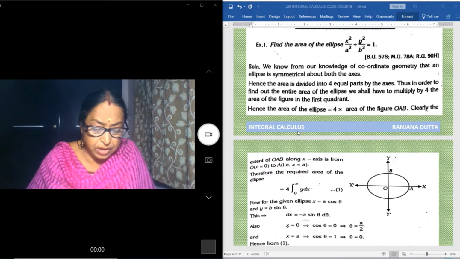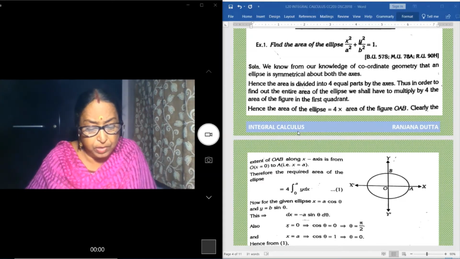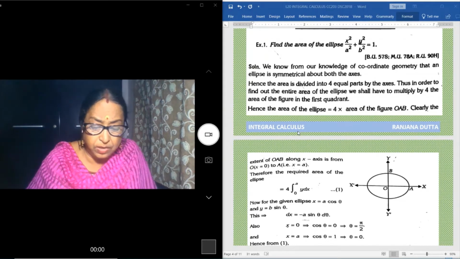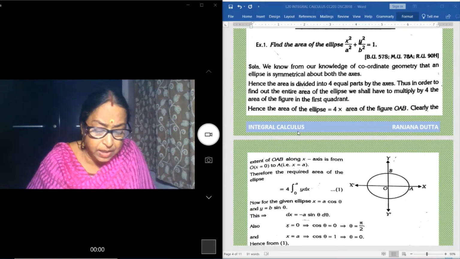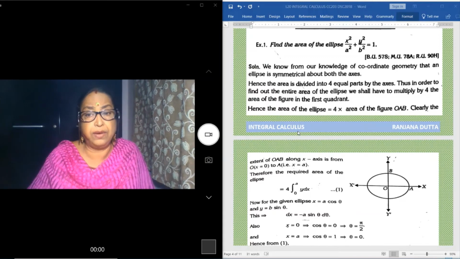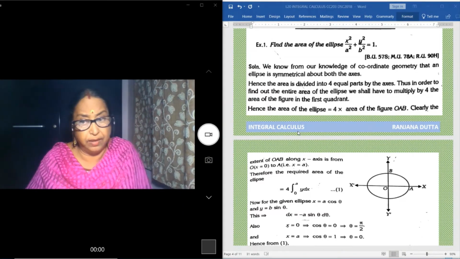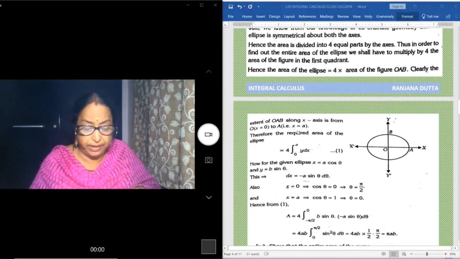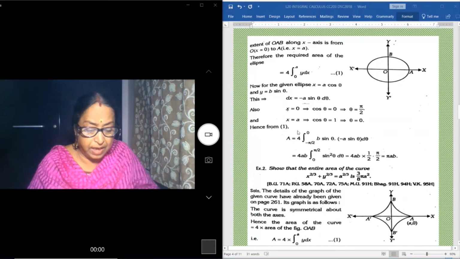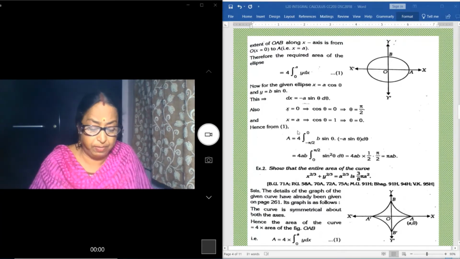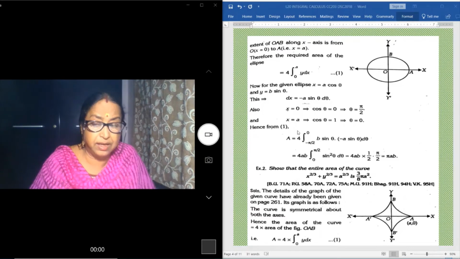After substituting the value of y, you can also put x is equal to a cos theta and y is equal to b sin theta. You can find the area also. After changing the limit, it will become 0 to pi by 2 sine square theta d theta.